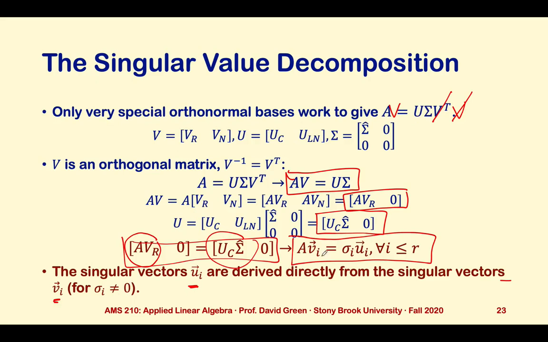That is, if we know Vi and we know sigma i, we can find Ui.